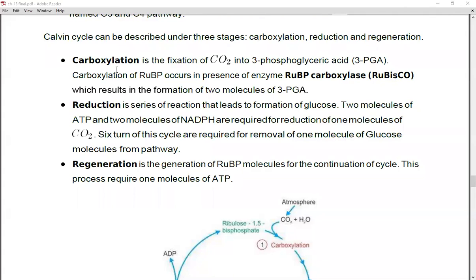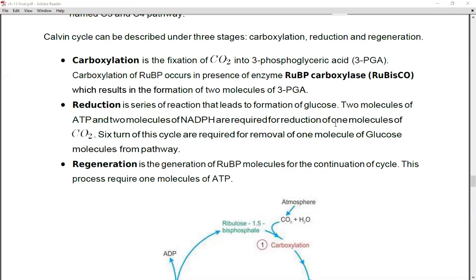First is carboxylation. In carboxylation, the fixation of CO2 takes place, that is, the fixation of carbon dioxide into 3-phosphoglyceric acid, that is 3-PGA. As 3 carbons are present, for this reason it is 3-PGA, right?